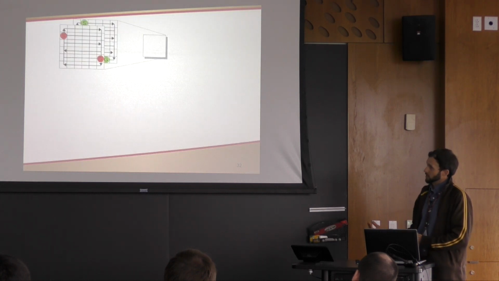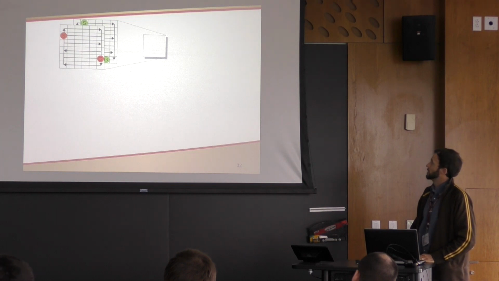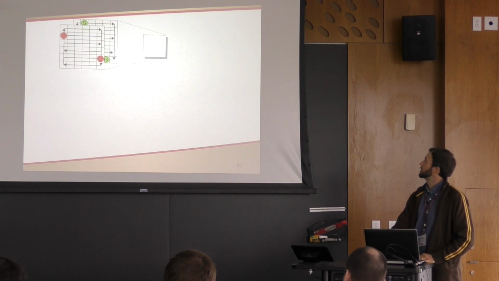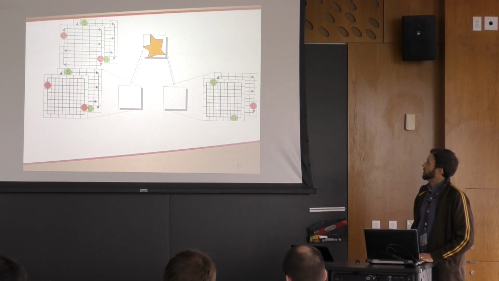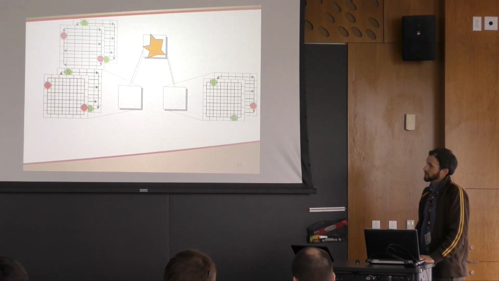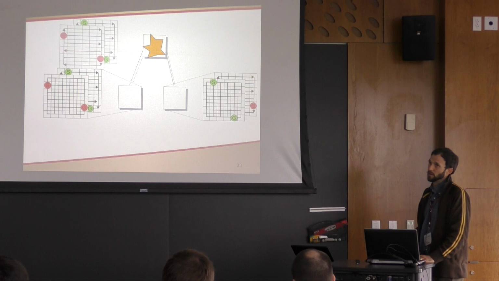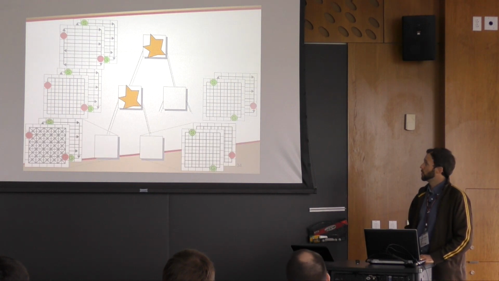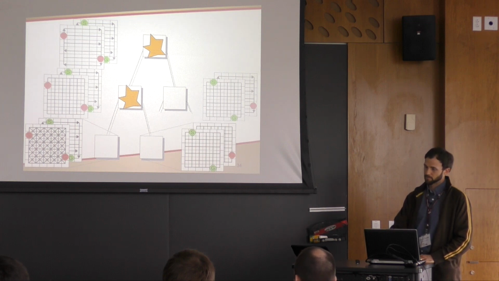So now we apply this constraint layering to CBS, where first we find paths for each of the agents all in the same environment. Then if there's a collision, at the same time we replan each agent, we also promote it into a finer level of abstraction. And as more collisions occur, we'll promote those agents into finer and finer levels of abstraction.